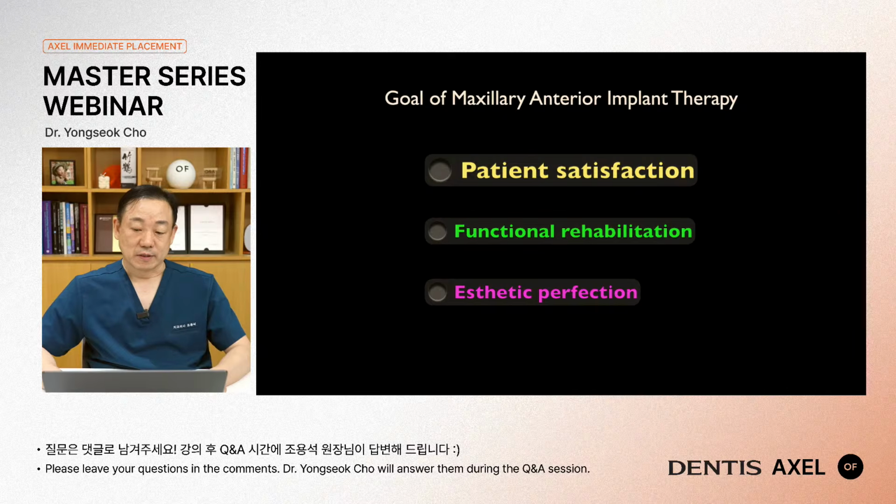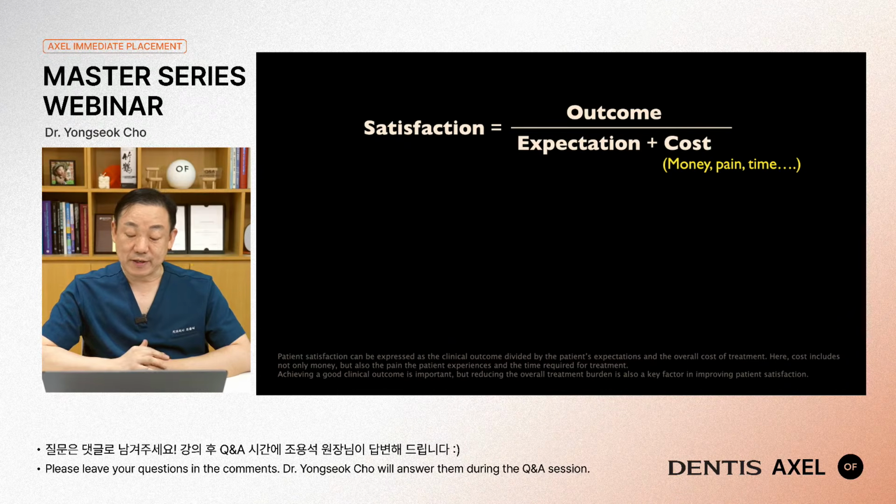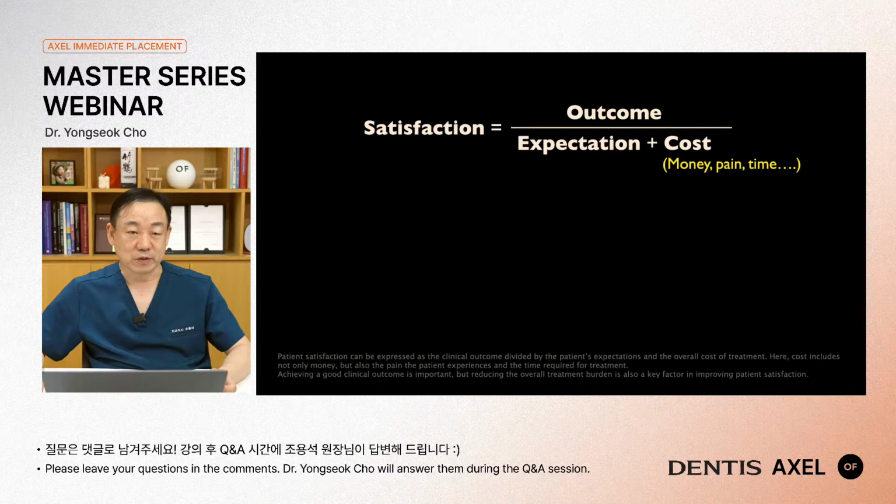Okay, what is the formula which expresses the patient satisfaction? It is expressed as a clinical outcome divided by the patient expectation and the overall cost of treatment.